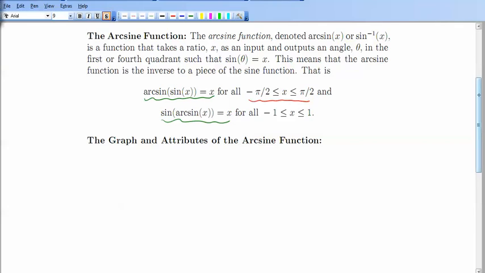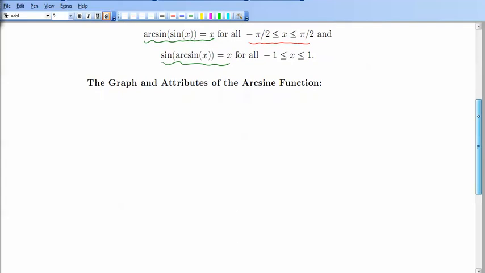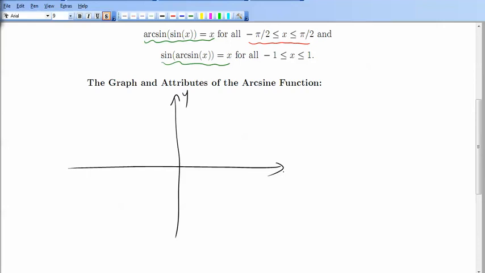All right, let's take a look at the graph. You do not have to memorize this graph. I will not ask you to do graph transformations on it, but you will draw it because it is really cool. So of course you know how to draw this because you know how to draw the sine curve, and then you can just reflect it about the line y equals x. Remember, we talked about that when we talked about inverses in general for the first time.